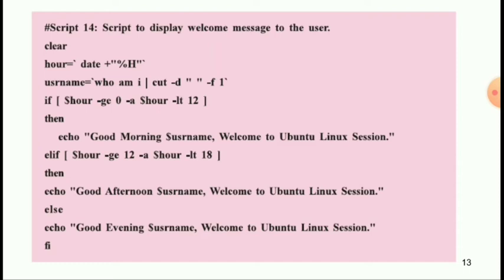Then message display: echo good afternoon $username and welcome to Ubuntu Linux session. Otherwise, else echo good evening, that means after 6 o'clock to midnight 12 o'clock, that is the good evening message display. So echo good evening $username, welcome to Ubuntu Linux session, and then F5.